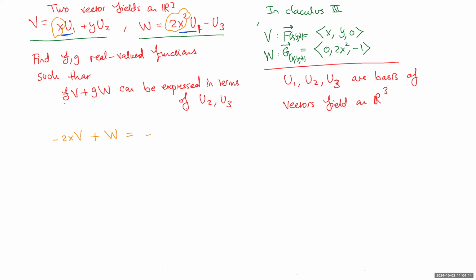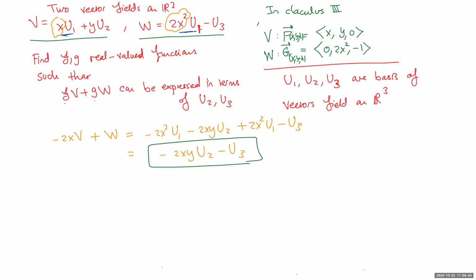Because negative 2x squared U1, negative 2xy U2, plus 2x squared U1 minus U3. And clearly here we'll have negative 2xy U2 minus U3, and we express it in terms of just U2, U3.